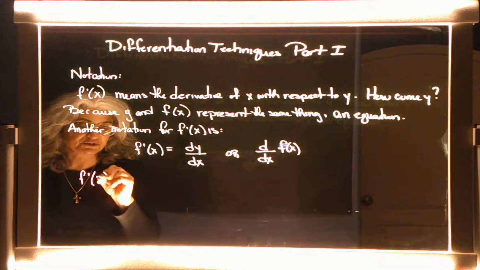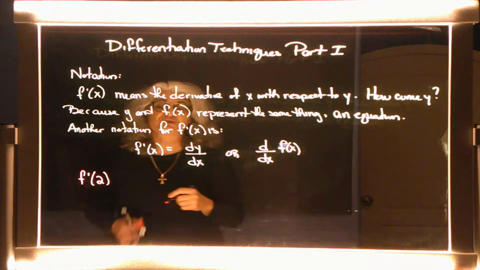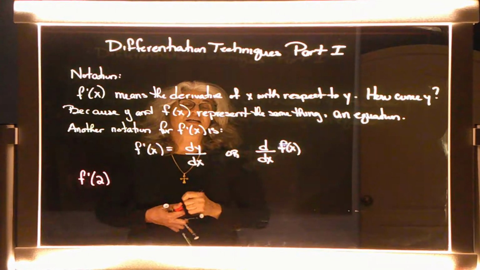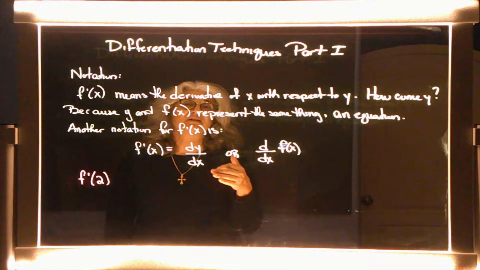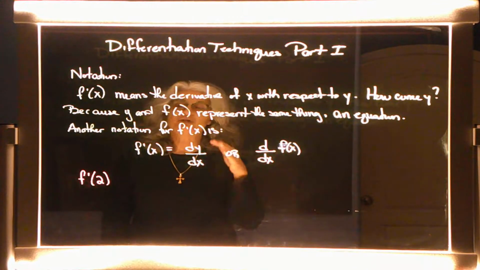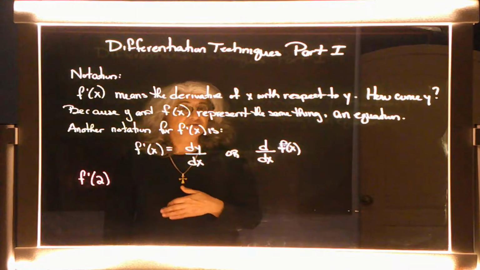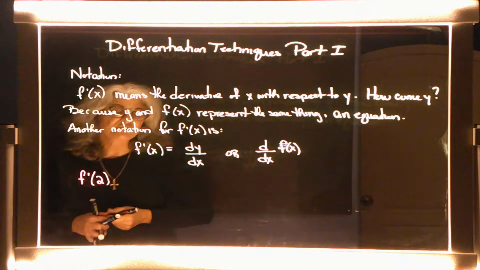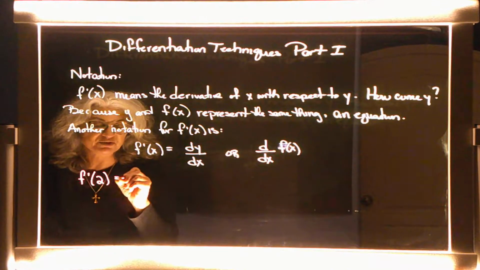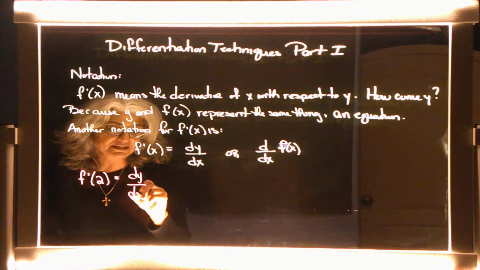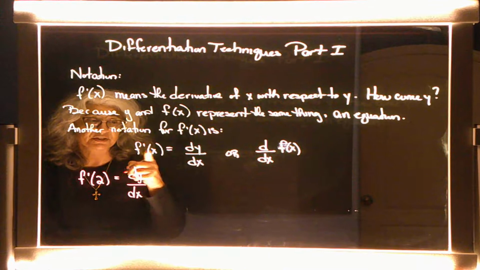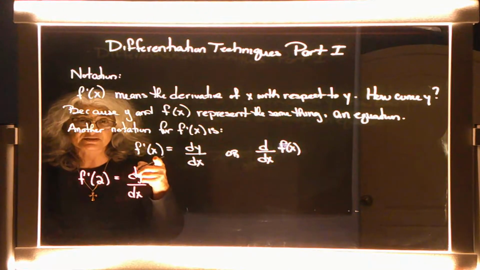By the way, I've got another notation for you. F prime of 2. Remember, in that other lecture, we did talk about doing that. And that meant to take the derivative, or plug in the 2 to the derivative of f of x, right? All right, here's another way they could write this. The derivative of y with respect to x, because that's what f prime of x means.